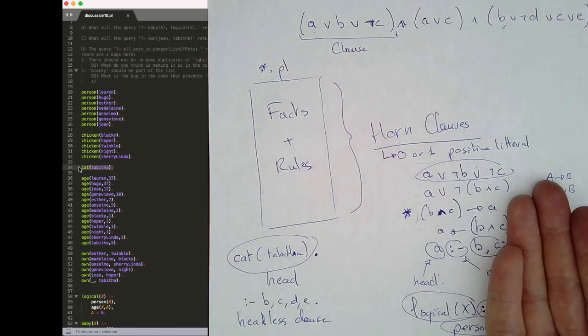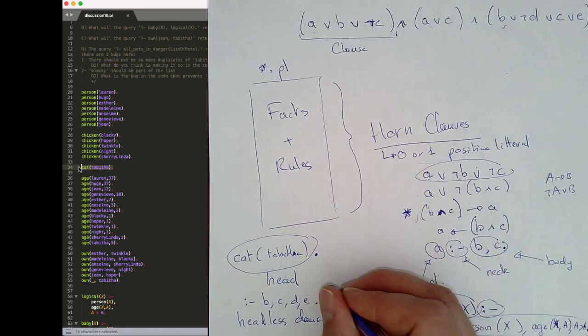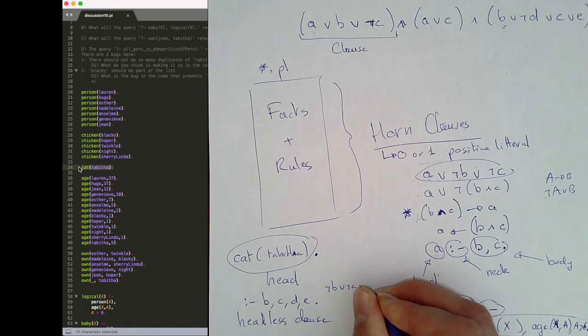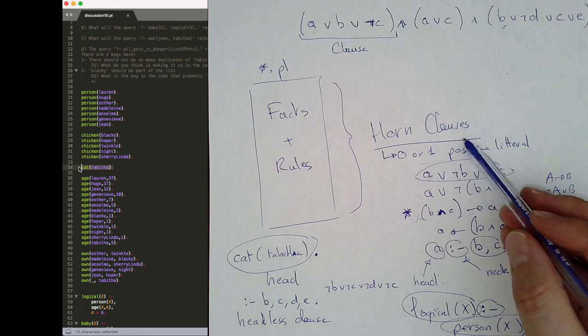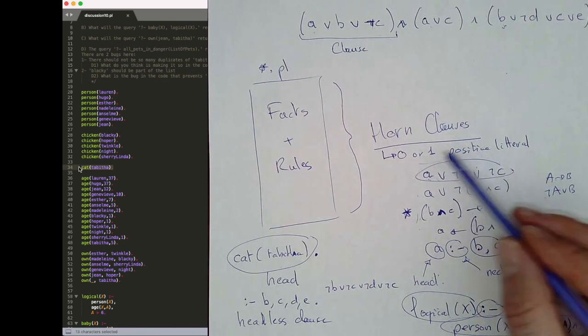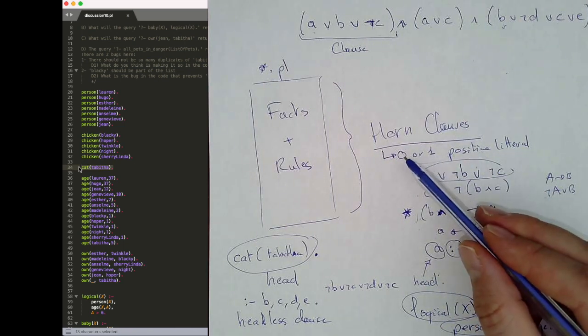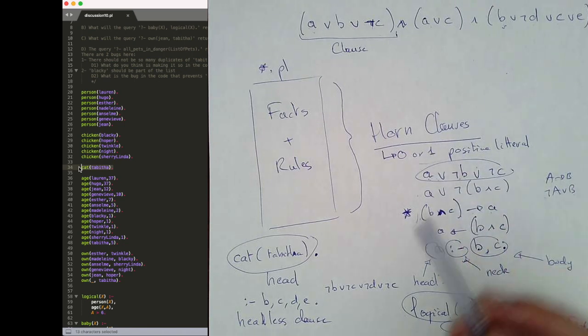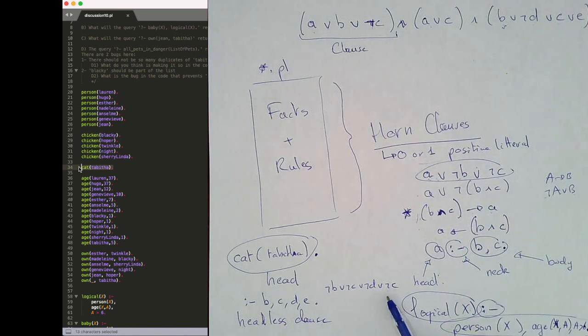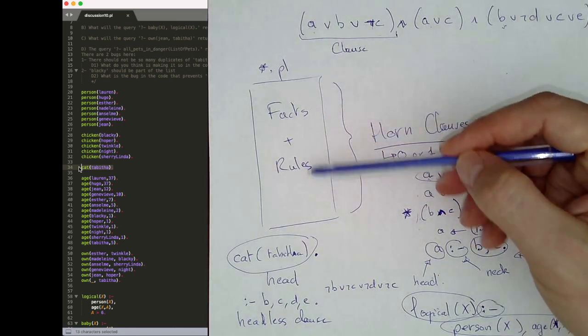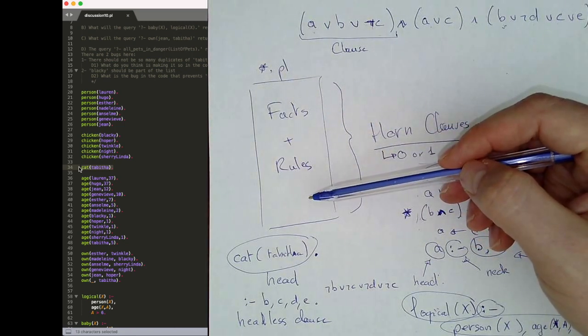In terms of Horn clause, this one would be not B or not C or not D or not E, which is, according to our definition of Horn clause, perfectly fine, because the definition says you have either 0 or 1 positive literal. Here we have 0 positive literals, and we have 4 negated literals. Where do they fit in this picture?